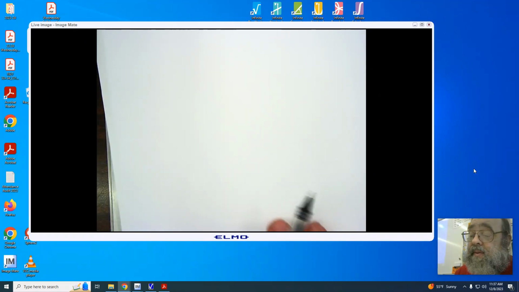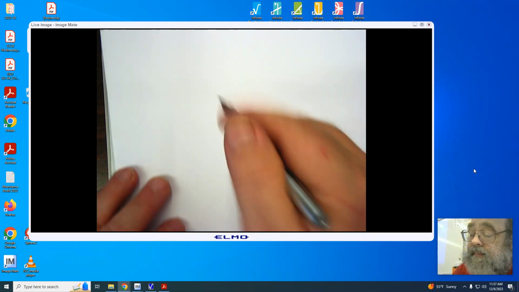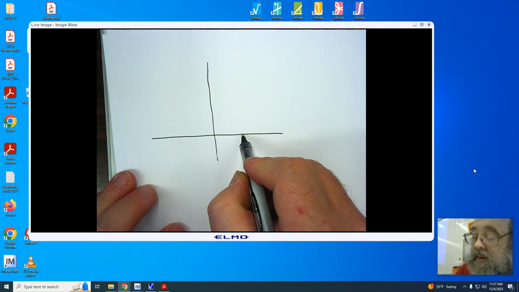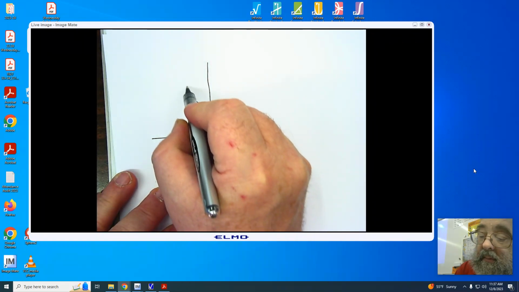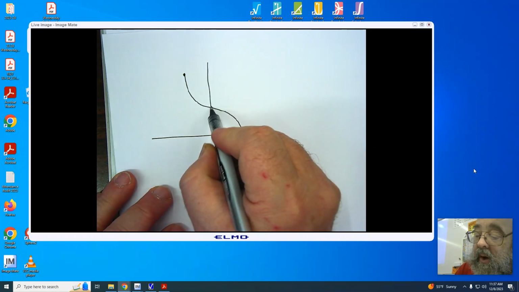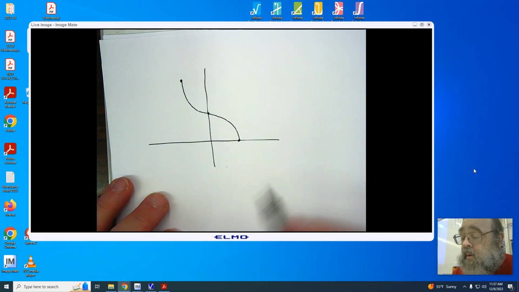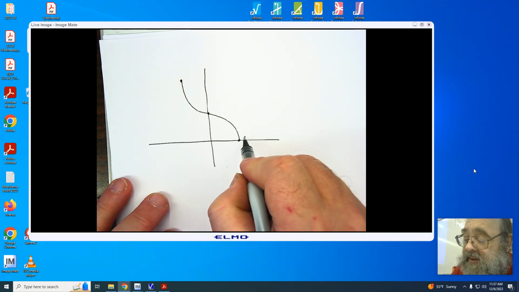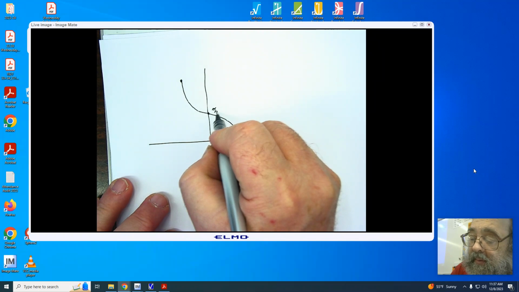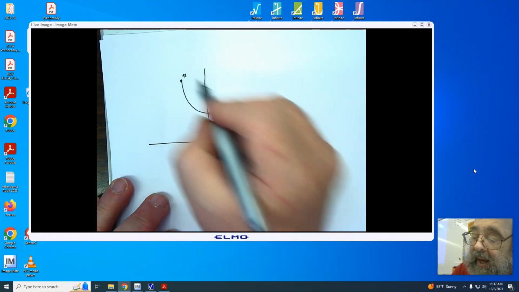Now, when we're working with the Arccosine, the Arccosine looks like this. It also will use 3 points that we're going to work with, and this is at 0 pi, this is at pi over 2, and this is at pi.